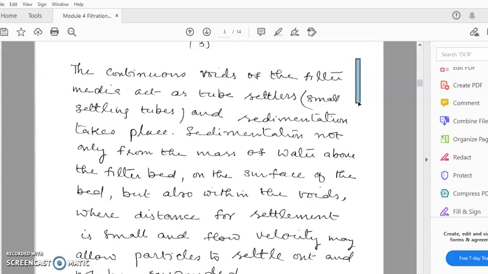And the sand bed is usually of 1 meter depth, and within this 1 meter depth there are a large number of tube settlers of small length.